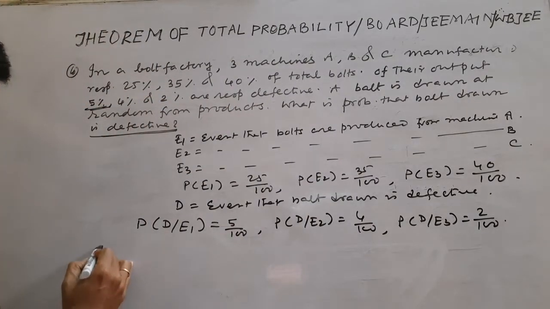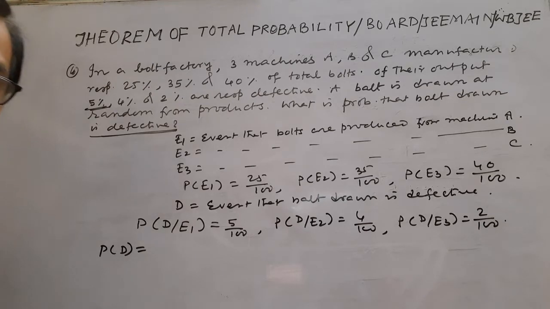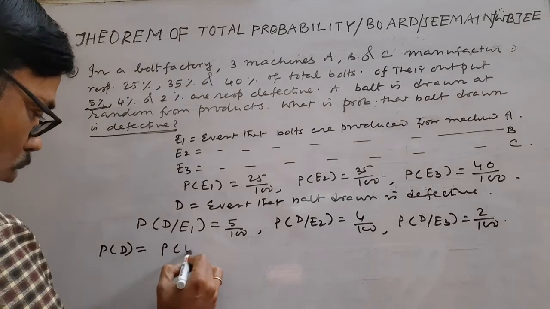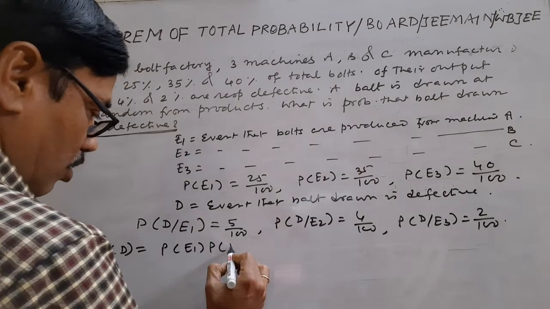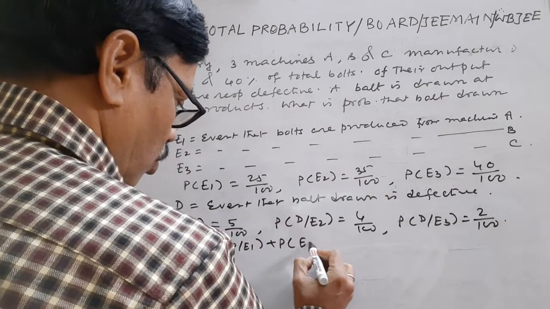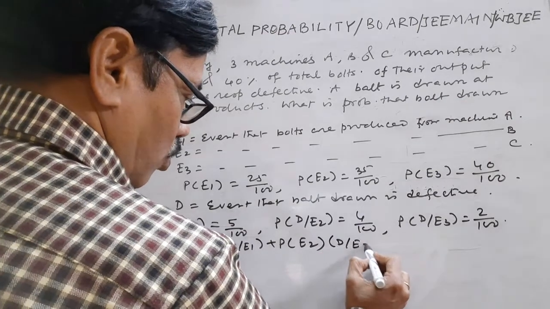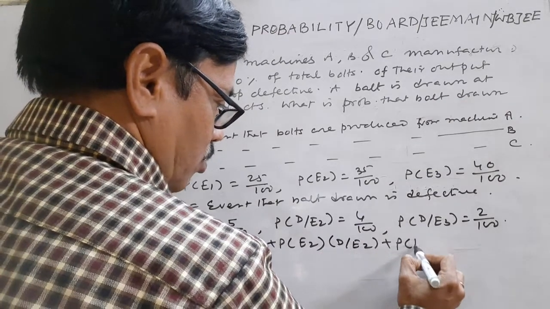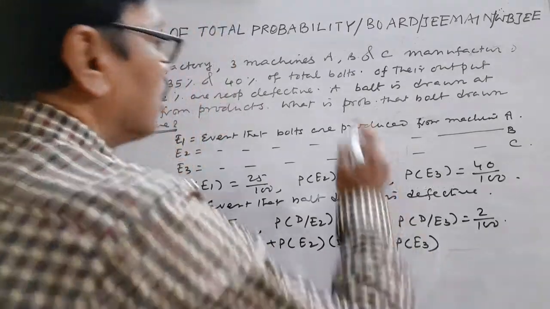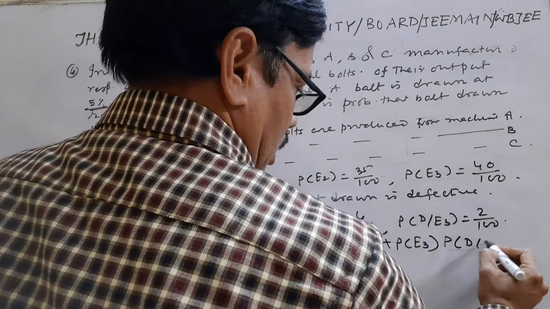So now you have to find PD. So this is PE1 into P D by E1. You must write this step for all of them. PE2 into defective bolts from machine B, and PE3 into defective bolts from machine C. So D by E3.